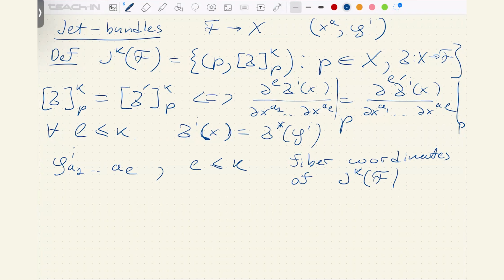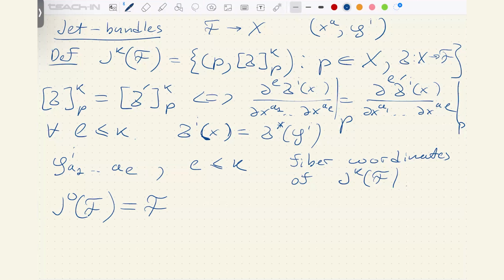In particular, for instance, it's easy to see that if we take just J^0 of F, this is precisely our bundle, right? Because what does this equivalence tell us in this case? That we don't care about derivatives, just the values of sigma should coincide.